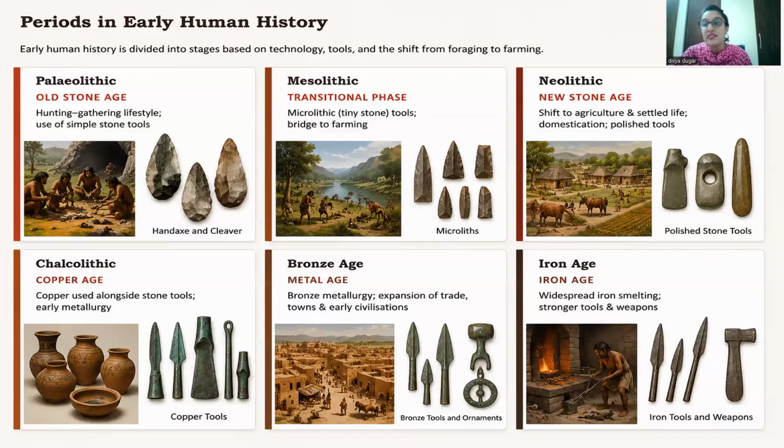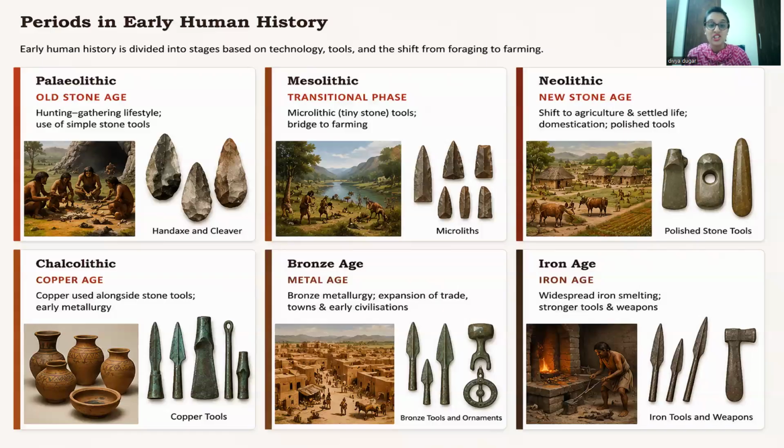You can see the image on screen, the polished stone tools which the Neolithic age people were using. Then came the Chalcolithic age. This is more of a copper age, where the tools were mostly made of copper, used alongside stone tools. So that is about the Chalcolithic age.